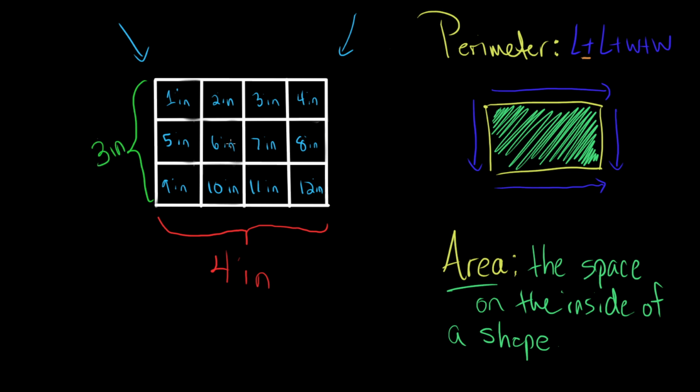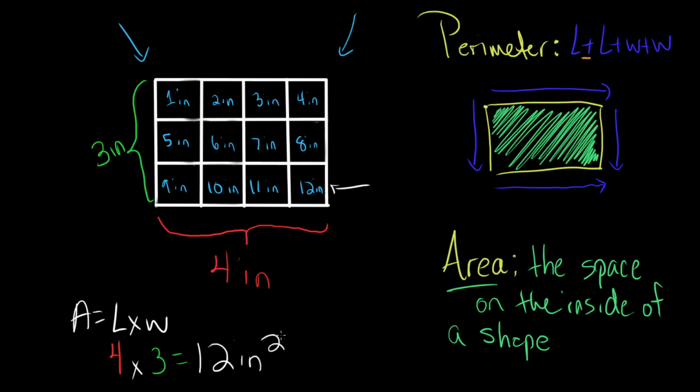We have 3 inches. And you should notice what happens, because we said, once again, area is the length times the width. So what happens when we multiply 4 times 3? Well, you should notice that that gives us an answer of 12, which is exactly what we had right here. 12 inches squared.